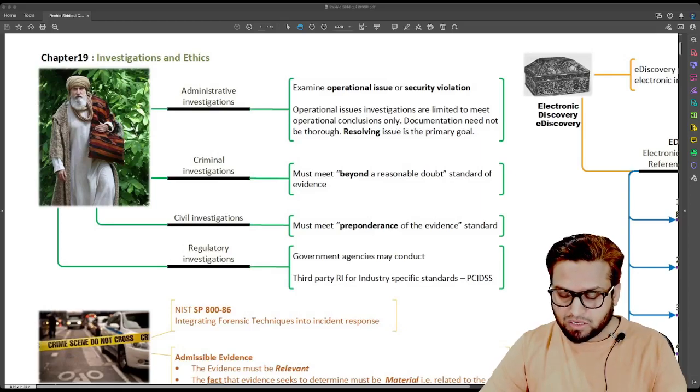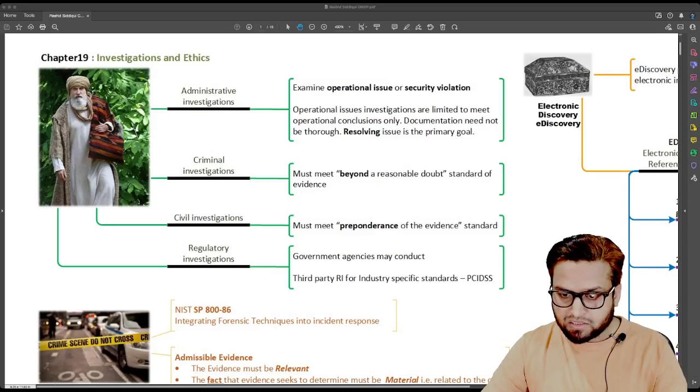A few examples: if you observe an application accessing a database and the latency has increased for the last one month, this is an operational issue, and you ask why the latency has increased. Or you are seeing that there have been many access attempts to a critical web server admin console.